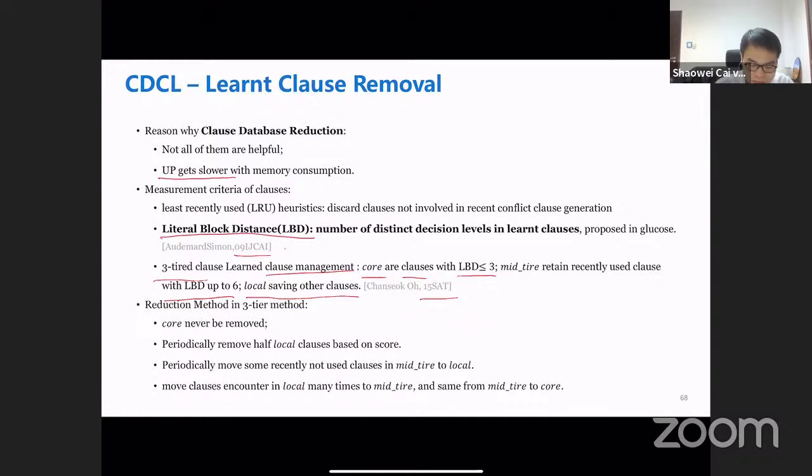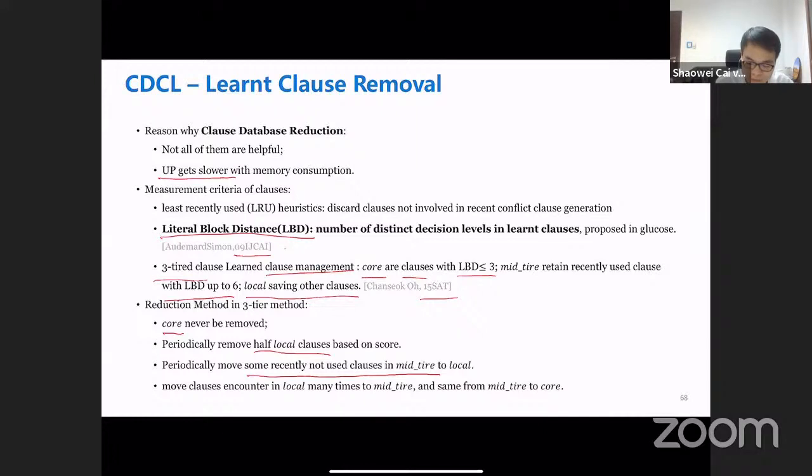This three-tier method is dynamic. The first rule is that the core tier is never removed. Any clause with LBD smaller than 4 stays in the core and is never removed. Periodically, we update the tiers. Of the local clauses, we remove half of them based on the score, so some of them will be discarded. Also periodically, we move some clauses in the middle tier to local if they were recently not used.